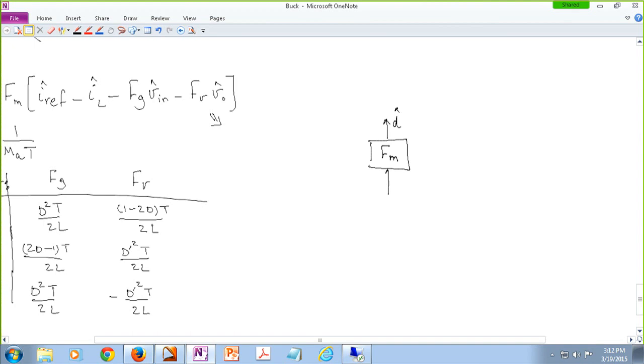Then we have the perturbations in the input voltage influencing that, also the perturbations in the output voltage, as well as the perturbations in the reference and the inductor current.